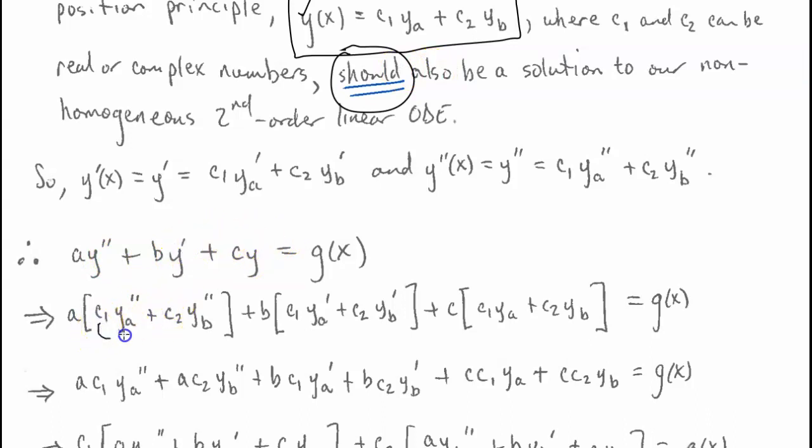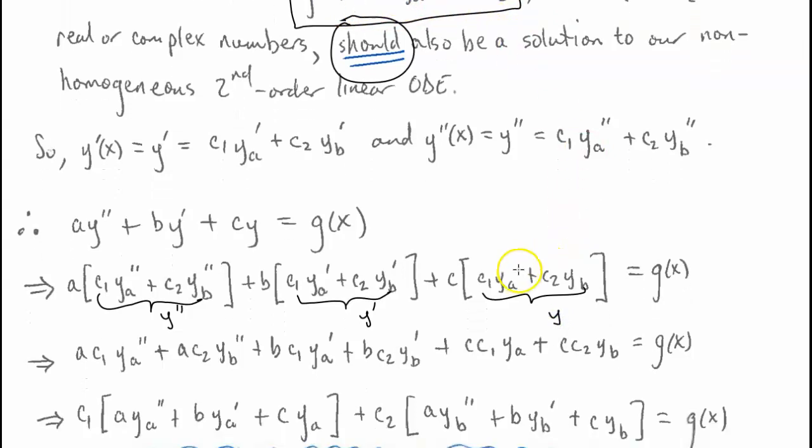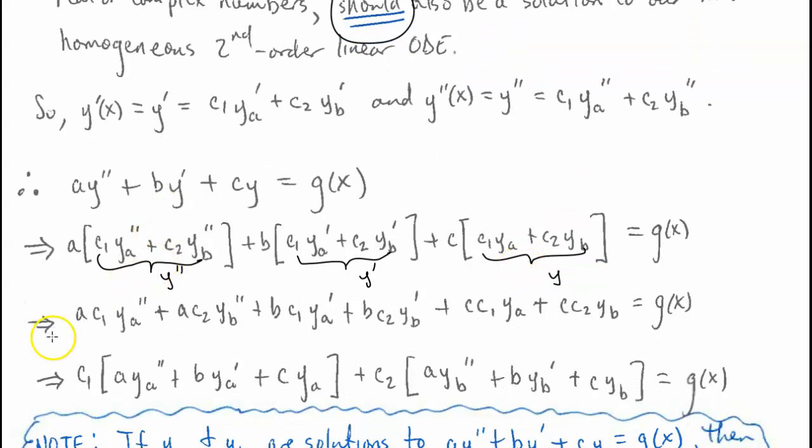So when we do that, you see here we have the y double prime. Here we have the y prime. And here we have the original function, or what we assume the solution would be, which would be a linear combination of y sub a and y sub b.